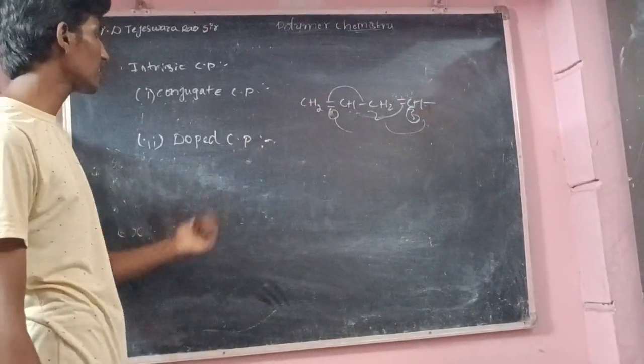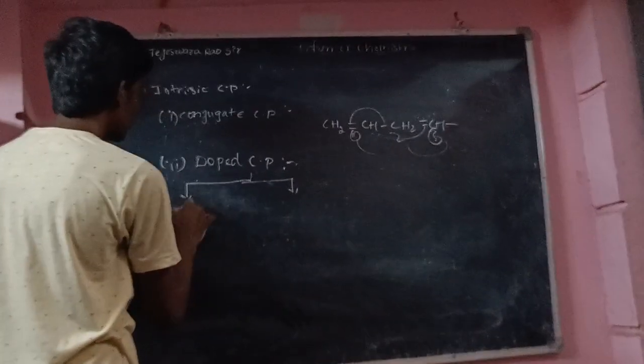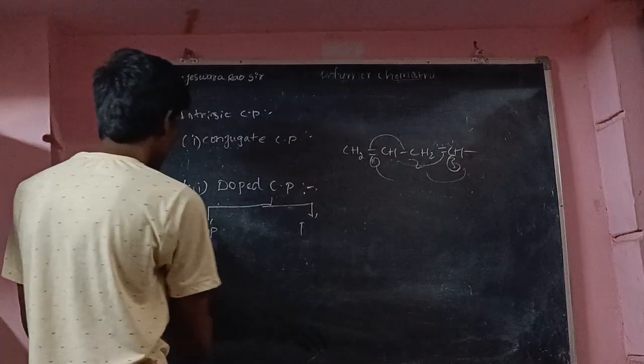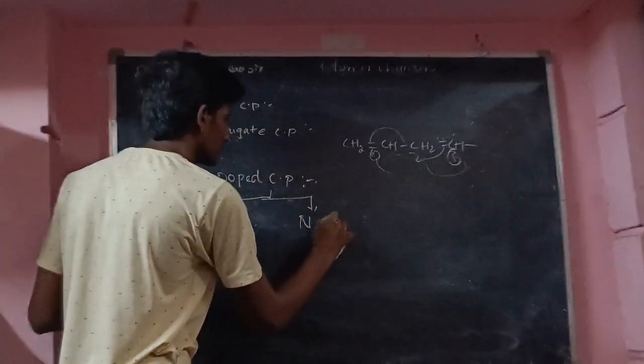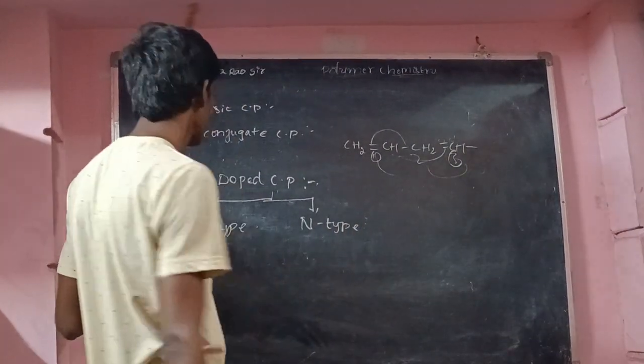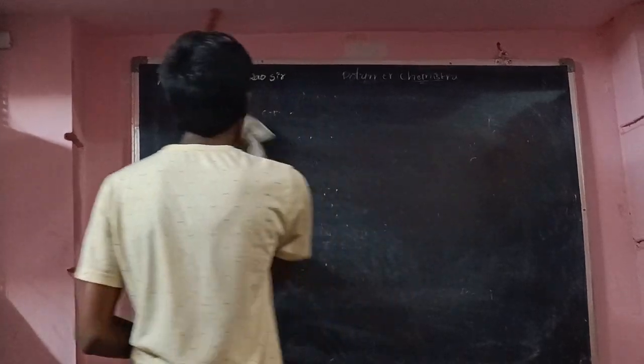This doped conducting polymer is classified into two types: P-type and N-type. Let's discuss both types with mechanism.